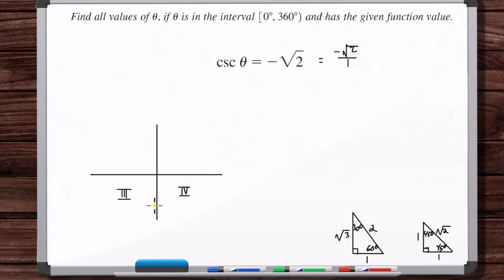We know what angles in the third and fourth quadrant have reference angles 45 degrees. Okay, that's 180 plus 45, which is 225. And then 270 plus 45, that's 315. And there you go. The cosecant of 225 is going to be minus root 2. The cosecant of 315 is going to be minus root 2.